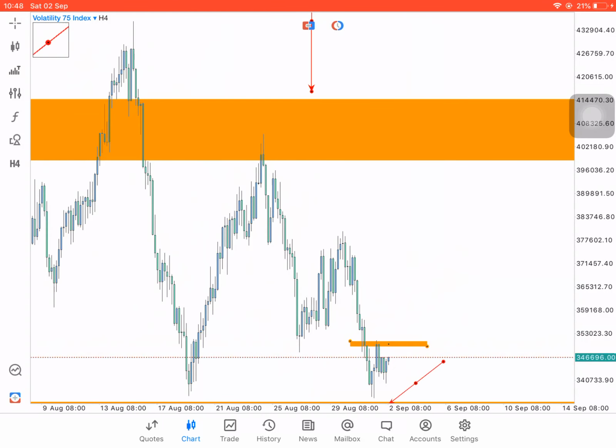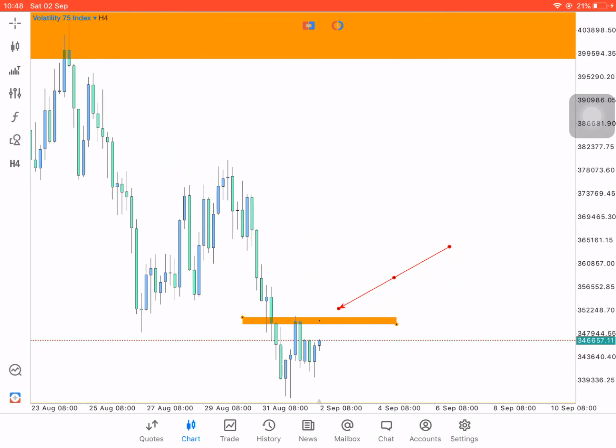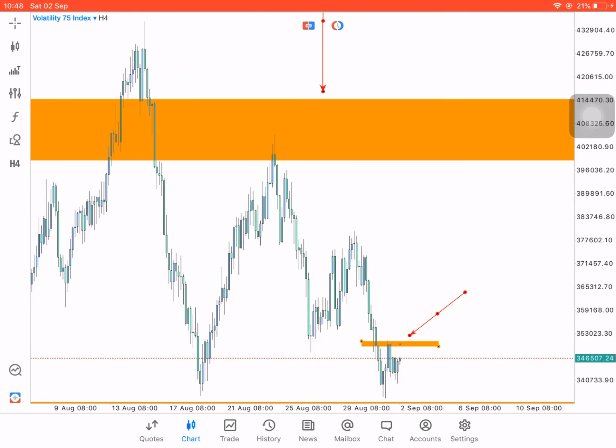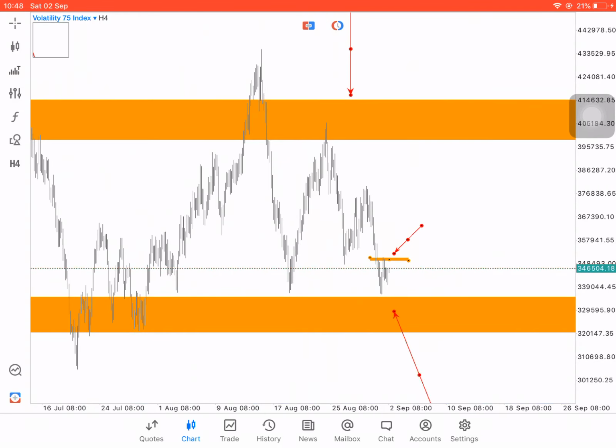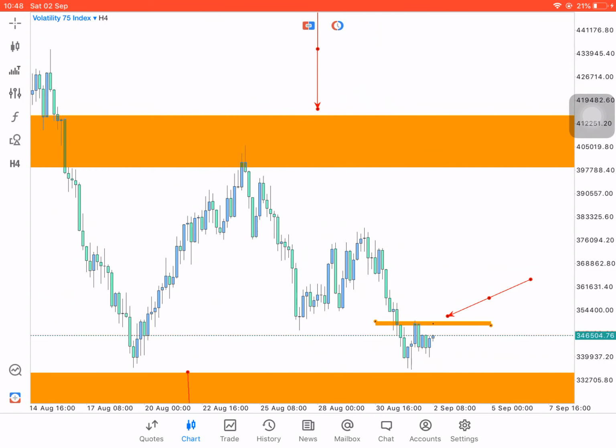Breaking these lows here of this range, and then I would start looking for sells. So where price is currently at, I'm waiting for it to either break to the upside and give me a buy opportunity, or break to the downside and give me a sell opportunity. Let me do this as I showed you on daily. It's either break to the downside, give me a sell opportunity, or do what?